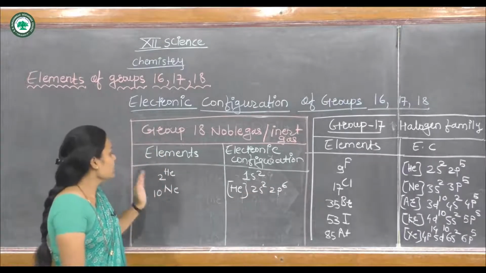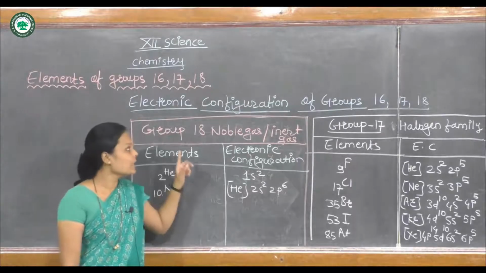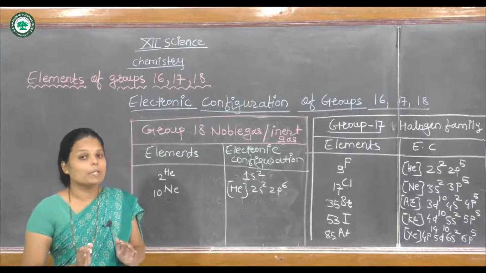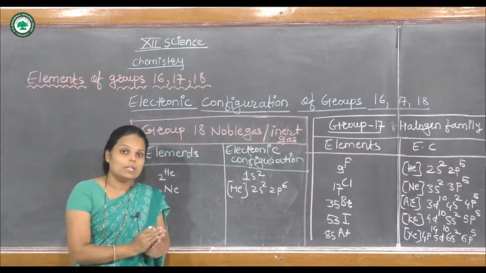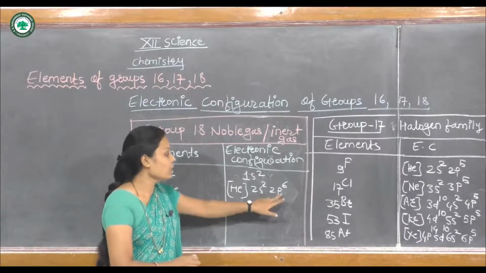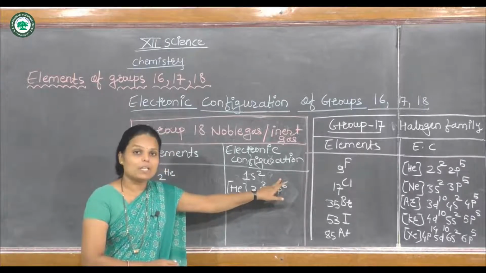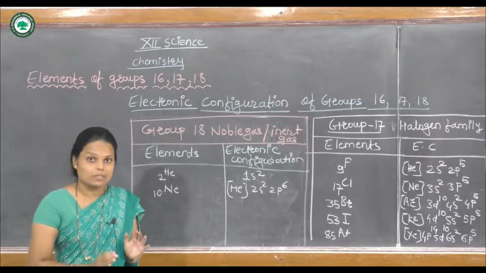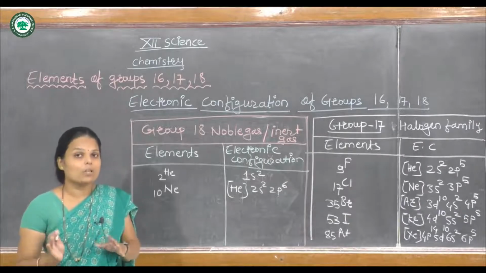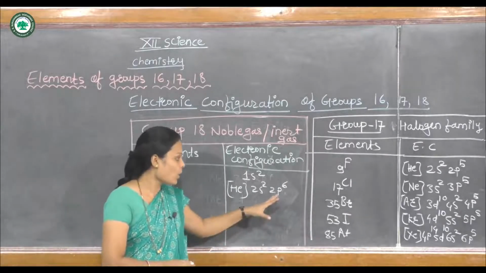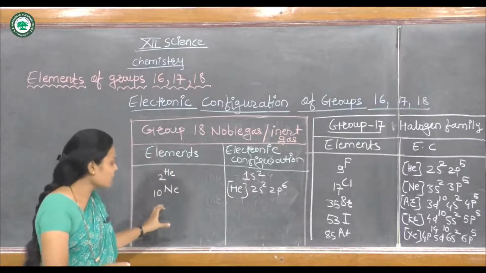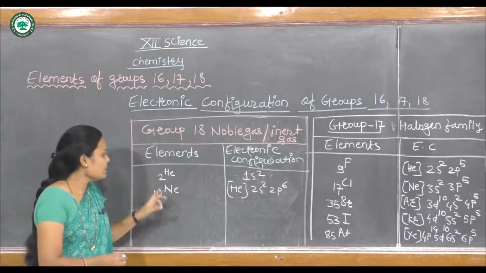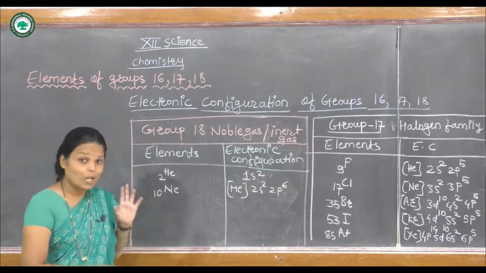All of these elements in group 18 are completely filled, because the maximum capacity of the p orbital is 6 electrons, and all of these elements have a p6 electronic configuration.